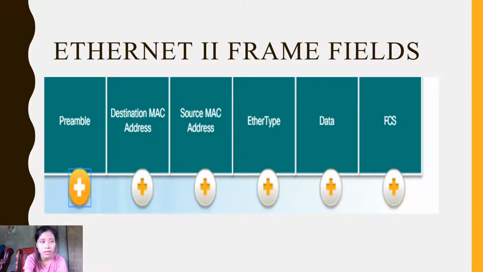The preamble is a 7 byte field, the destination MAC address is a 6 byte field, the source MAC address is also a 6 byte field, the Ethernet type is a 2 byte field, the data is 46 to 1500 bytes, and the FCS is 4 bytes. So again, these are the Ethernet 2 frame fields.